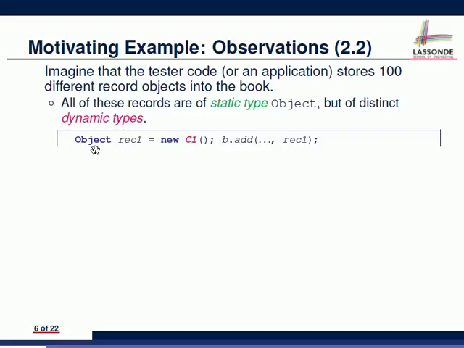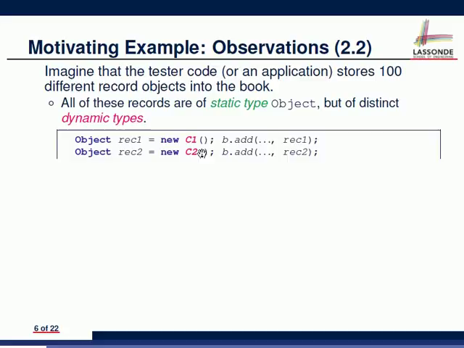It can be person, can be scanner, can be whatever. And you can see C1 is a descendant class of object, so this compiles. And then when we add some string and record 1, this should compile as well, because the static type for record 1 is actually object. Object is a descendant class of the parameter type, which is also object, right? So this compiles. So this is C1.